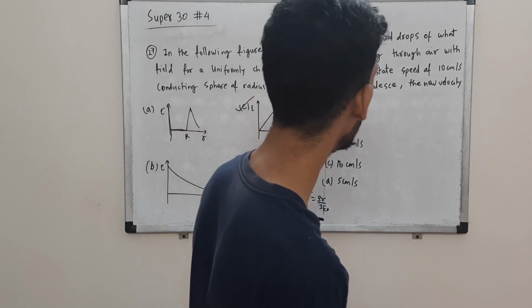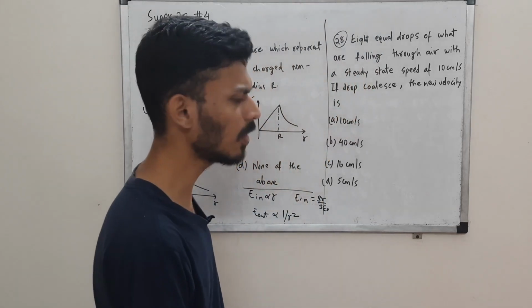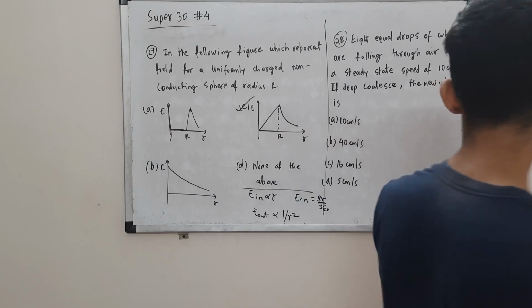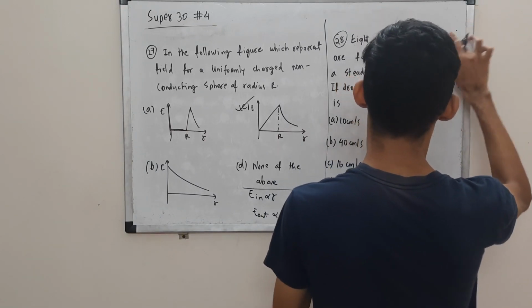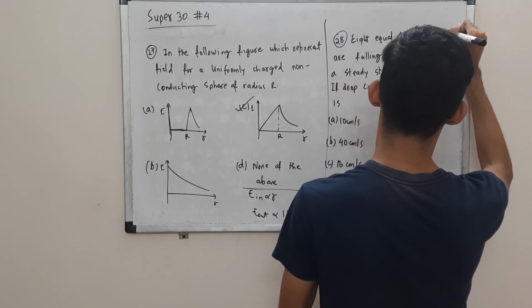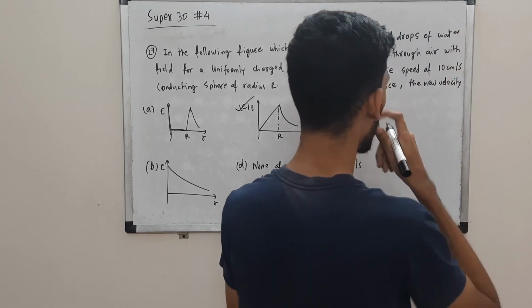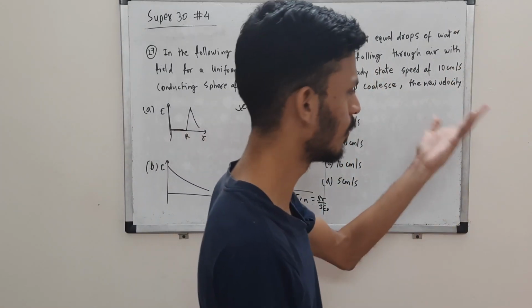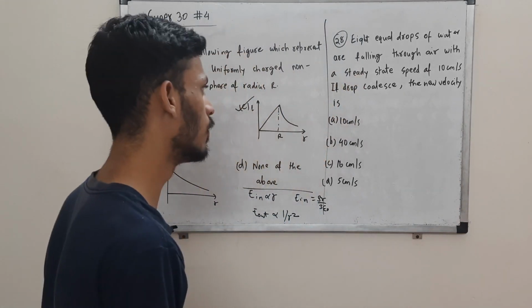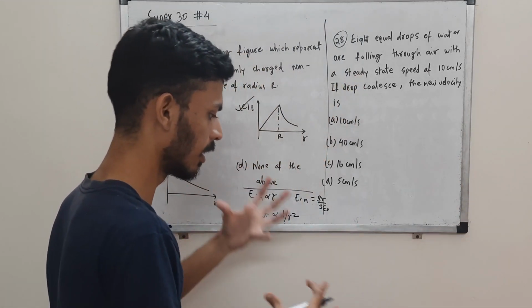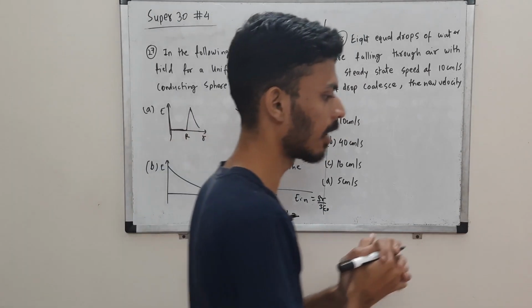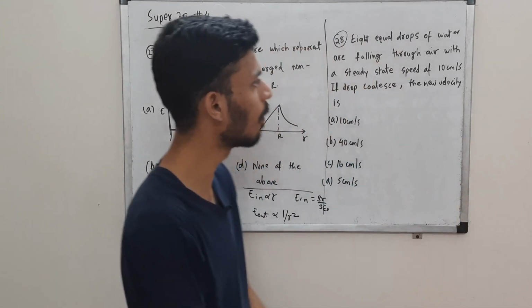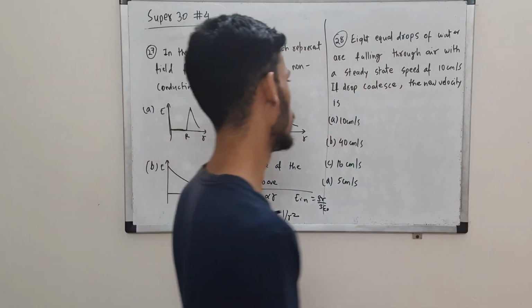Let's come to this one. Here we have 8 equal drops of water falling through air in steady state, and the speed is given as 10 centimeters per second, so that will be the terminal speed. If the drops coalesce, meaning they collect to form one single big drop, the new velocity will be?